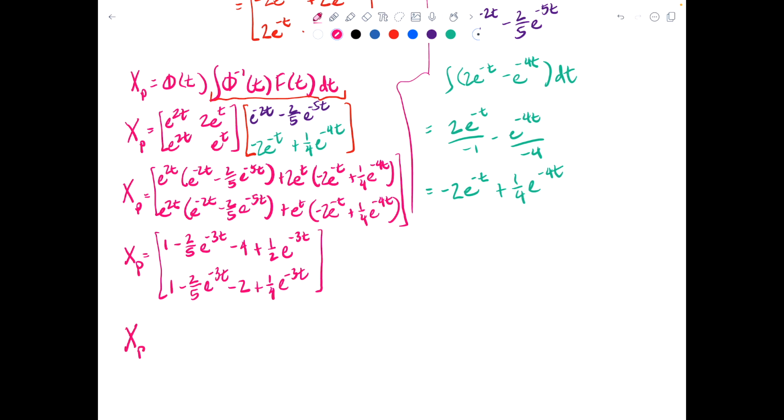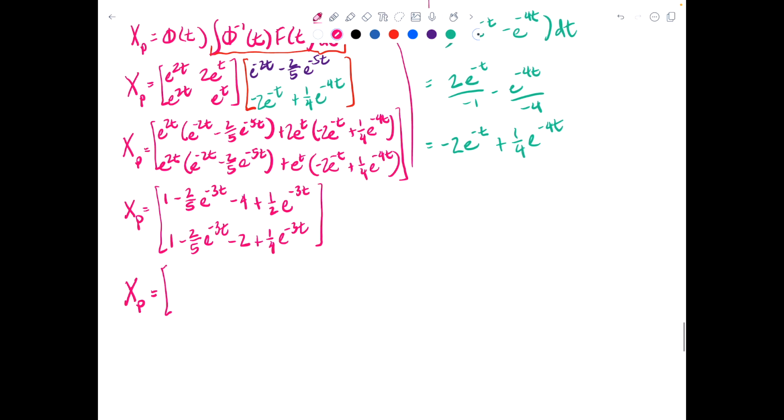Simplifying, I'm going to put the t term first. We have a negative 2/5 e to the negative 3t and a positive 1/2. So their common denominator is 10.